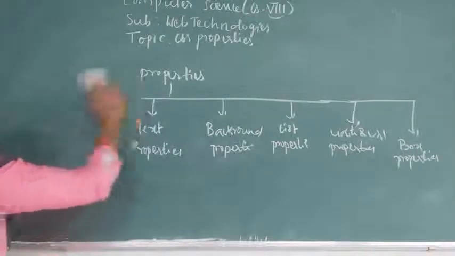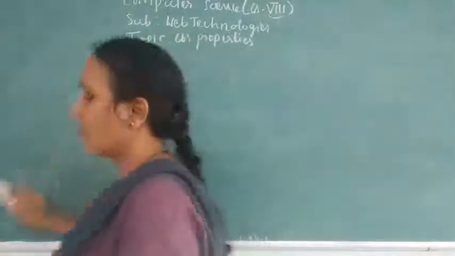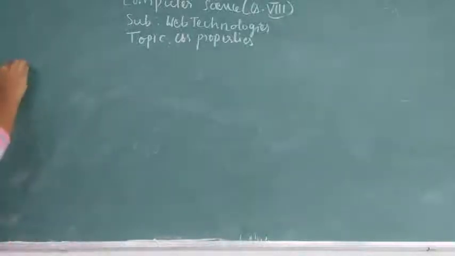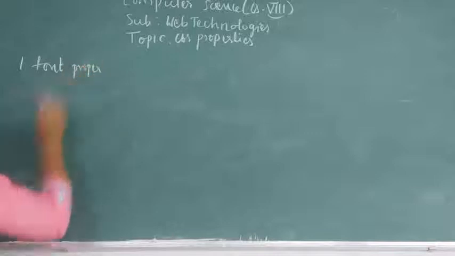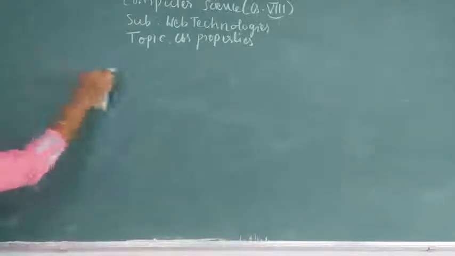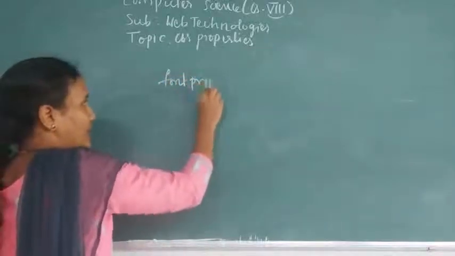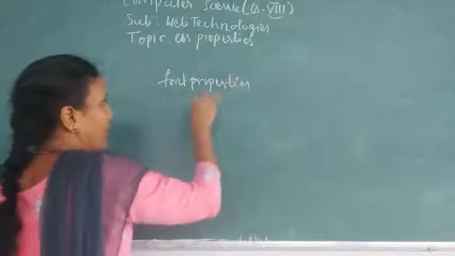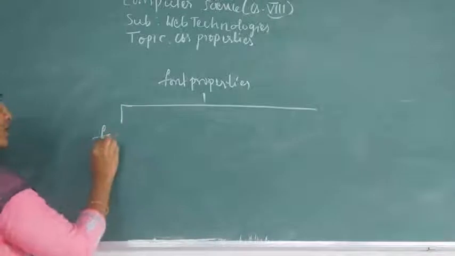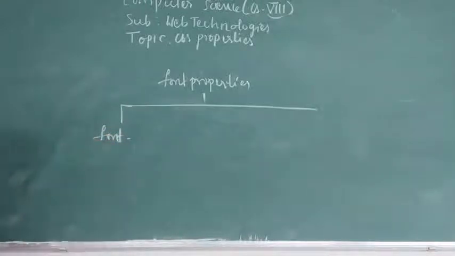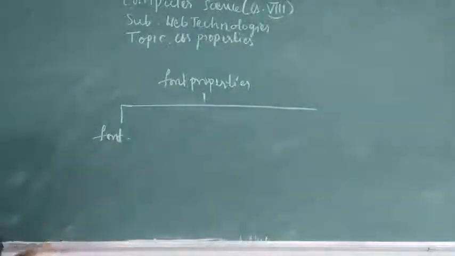First one is the font properties. This also I will give you as a picture representation, so it is easy for you to understand. Font is a main property, a parent property, and it contains some sub properties.